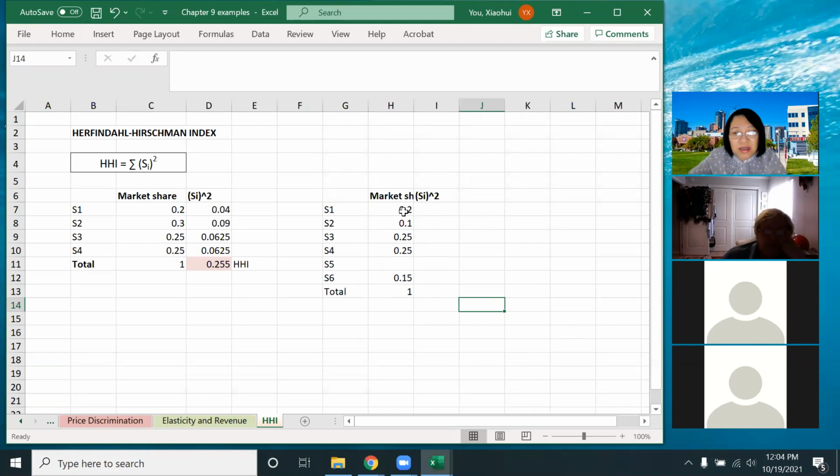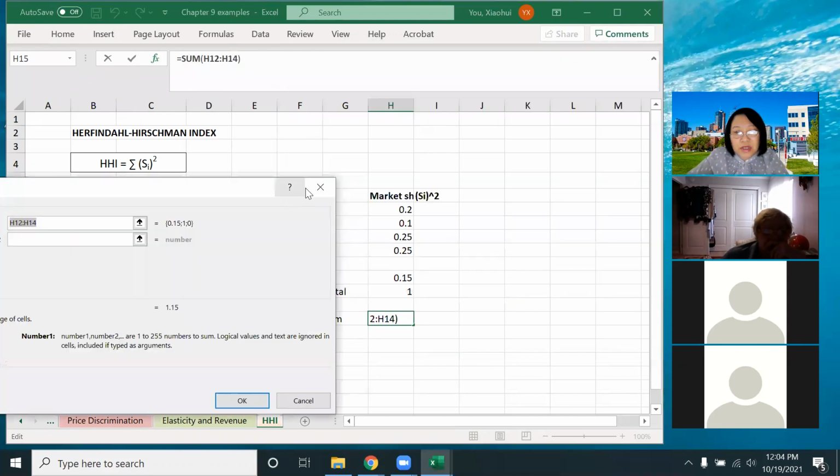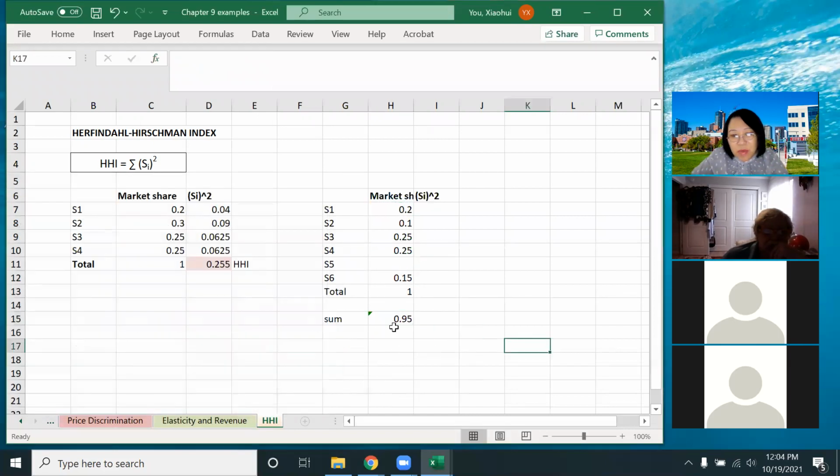We can sum all these values together. We insert a function sum, and we choose these values and okay. So we get 0.95. So this one should be equal to 1 minus 0.95. Correct.